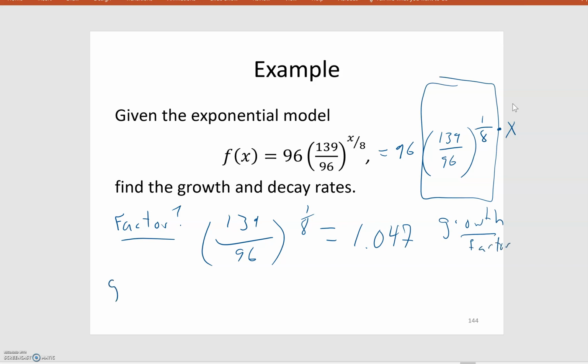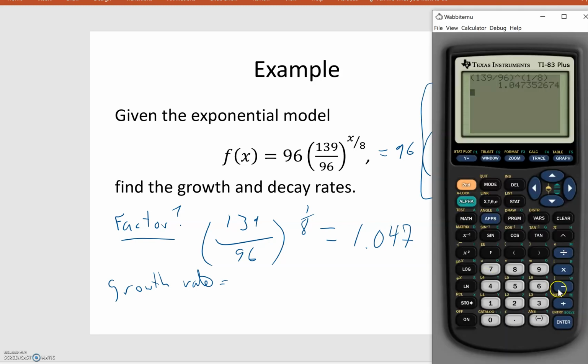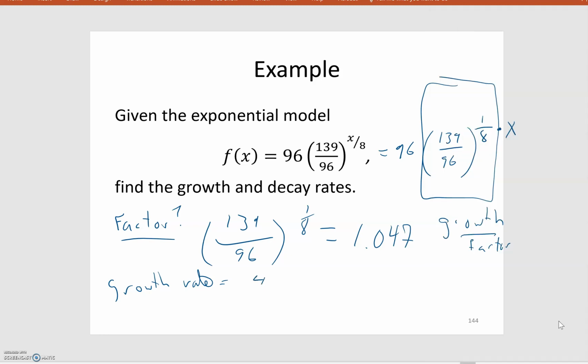And therefore my growth rate is 0.047, etc. So this number minus 1. And in this case, I actually do have a true growth rate. So that's 4.7%.